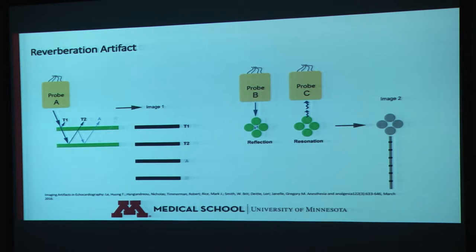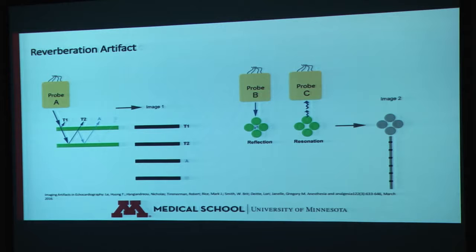And what happens in that case is the ultrasound beam, as it's reflecting off the deeper reflector going towards the transducer, hits the shallower reflector and keeps getting bounced back between the two reflectors. And what you end up with is a stepwise image with equally spaced what look like rungs on a ladder.